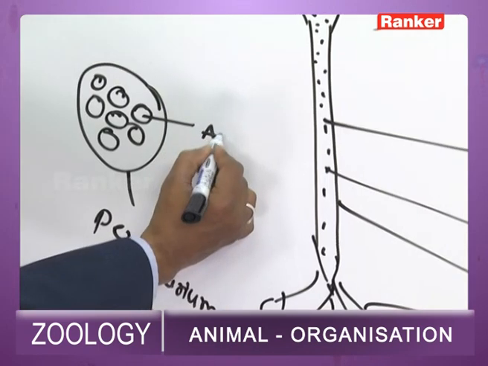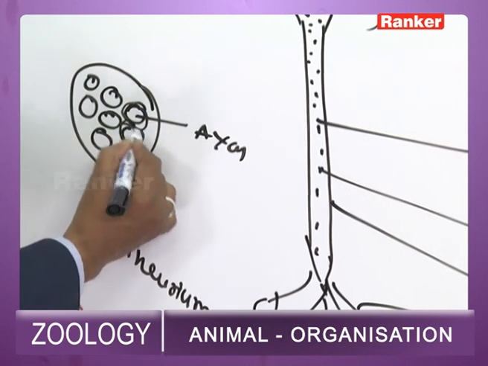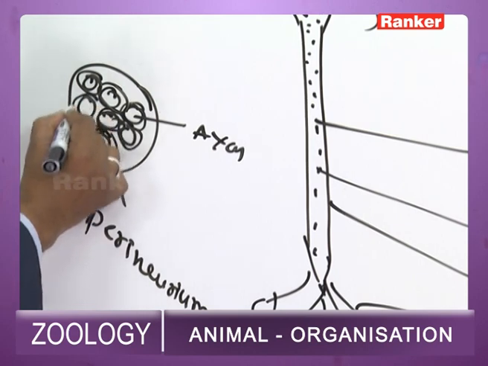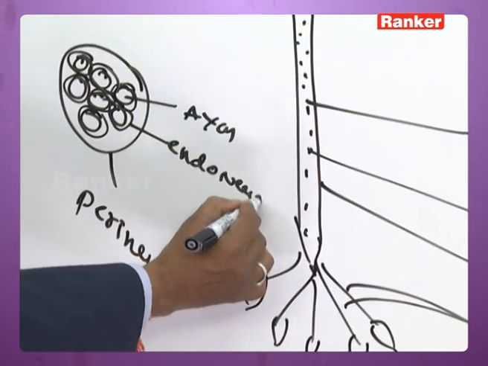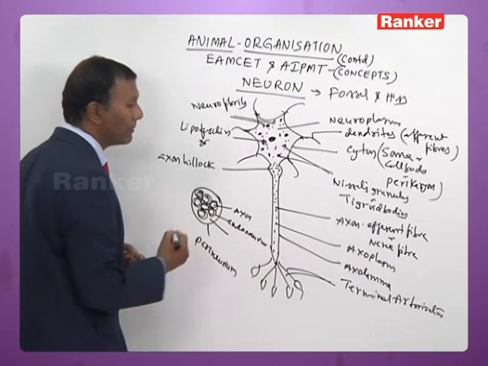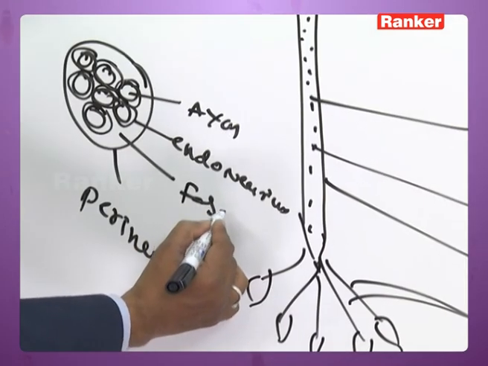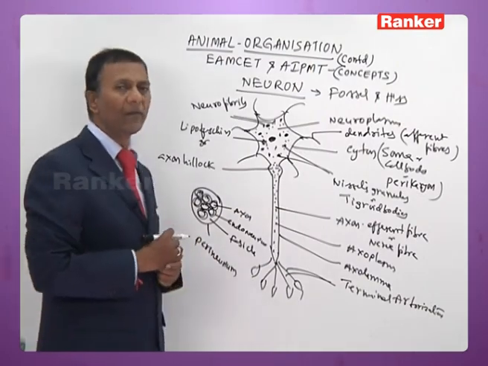And this is an axon. Each axon is covered by a connective tissue sheath called endoneurium. And a bundle of nerve fibers or nerve is also called fascicle.